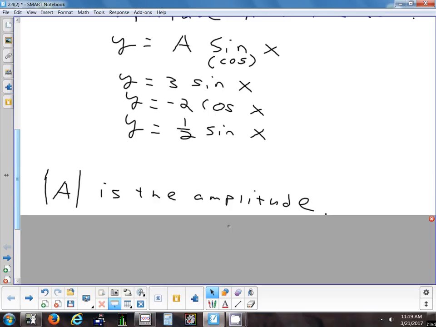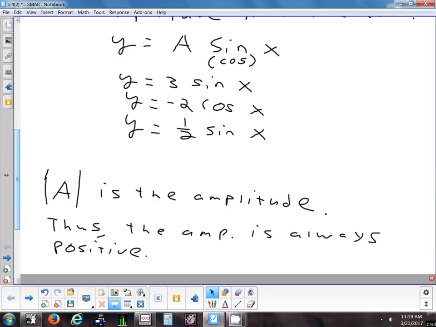As I mentioned earlier, if you want to know the amplitude of a function, it's the absolute value of the number in front.